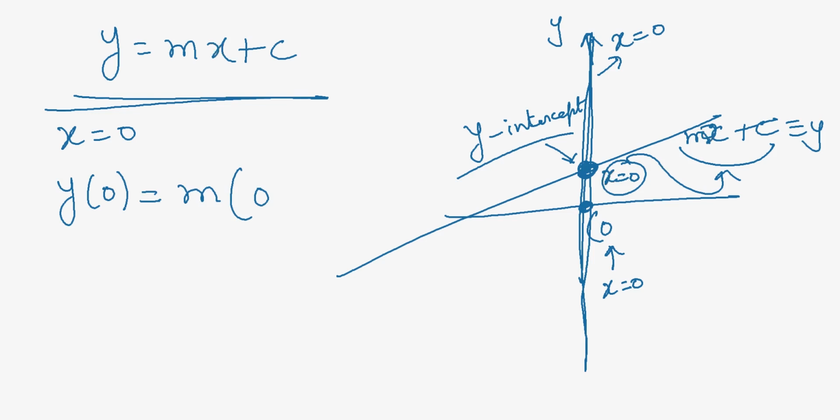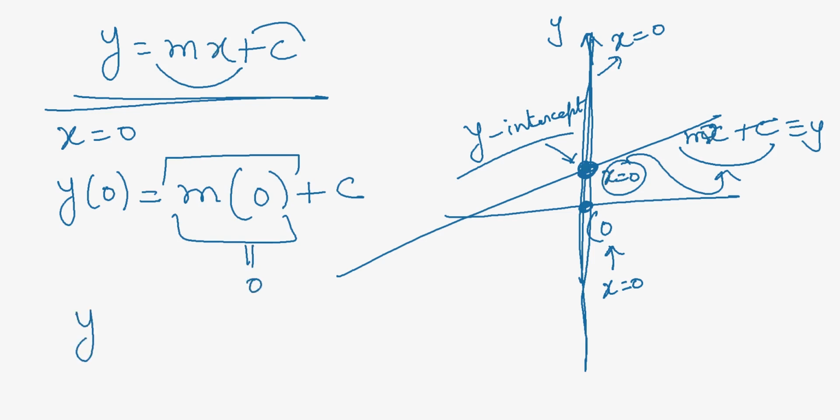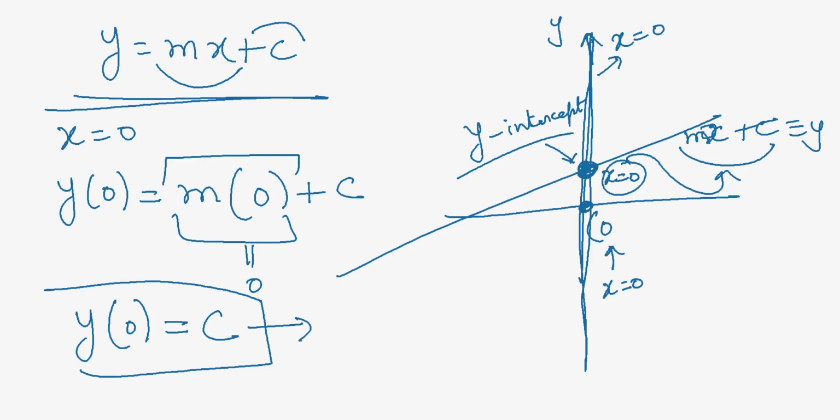Purposely we are making mx go to 0, then the c will be isolated. So this whole thing will become 0, and the y value when x is equal to 0 is nothing but our c. This is the reason why we call c the y-intercept.